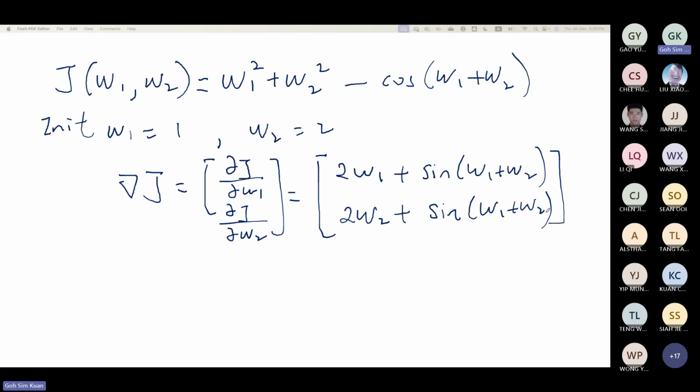Let's say if you want to perform Newton update, what are the additional terms that we need to compute? The Hessian. Okay, so we will be able to compute the Hessian. Let's do it together.